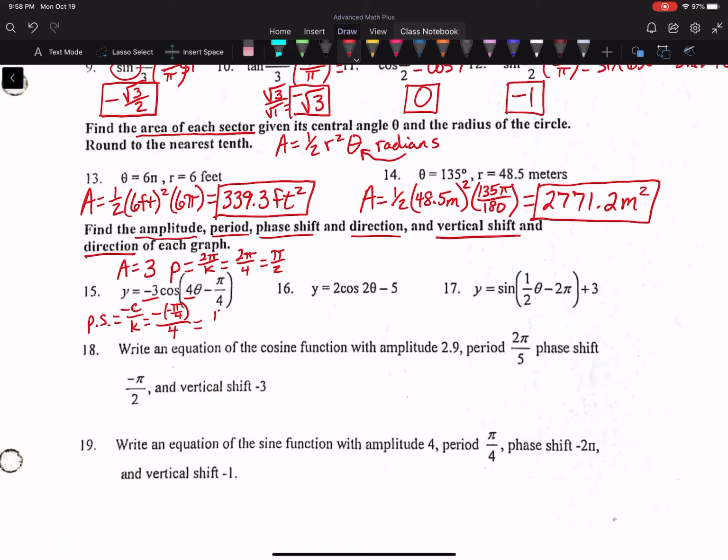That will be positive pi over 16. And since it's positive, it is to the right. And then finally, your vertical shift, it's nothing there. So it is 0 or none. Okay.